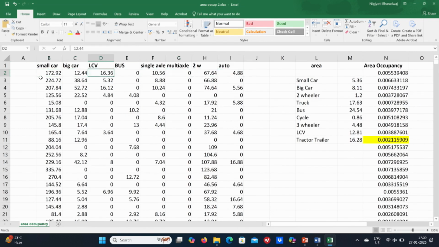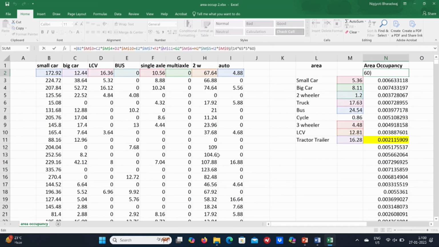Here, the time occupied by each class is given along with the area of the vehicles. To estimate area occupancy, it will basically be the multiplication of this time with the individual area.